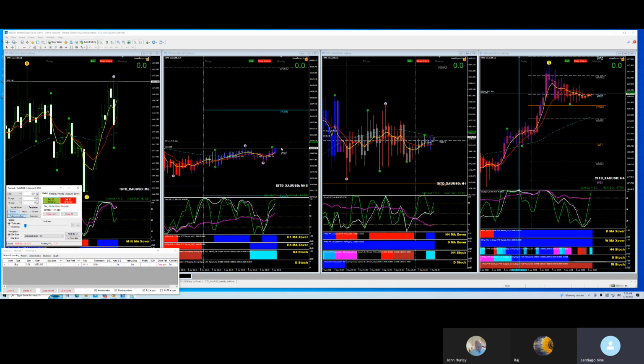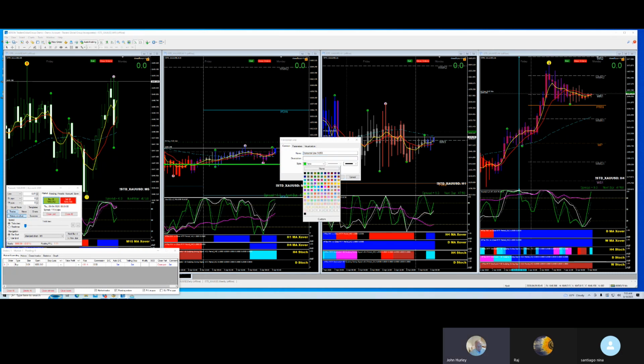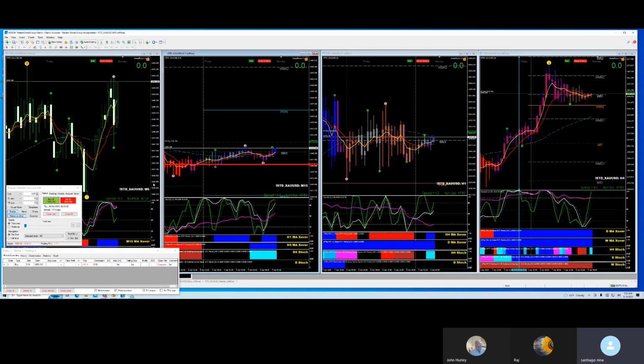After that, you have a very low stop loss. Just put a stop loss below the low on the 15-minute chart. That's your stop loss.